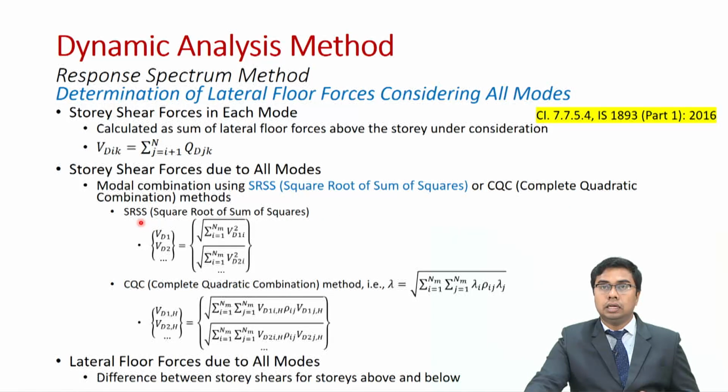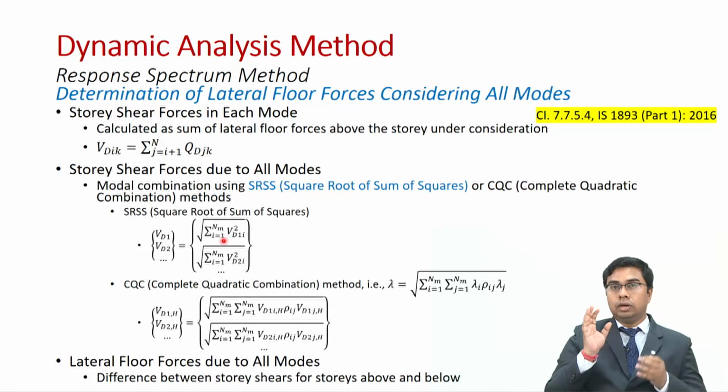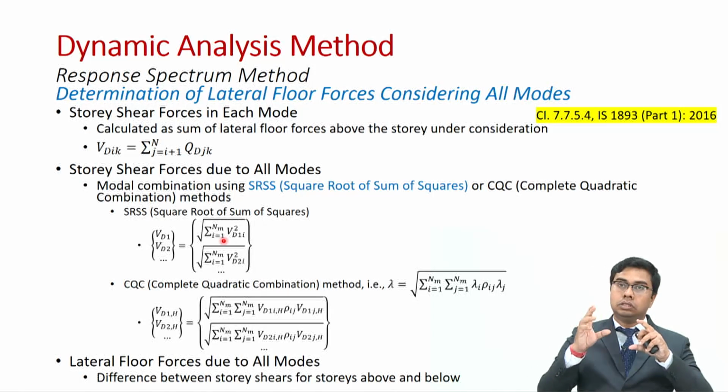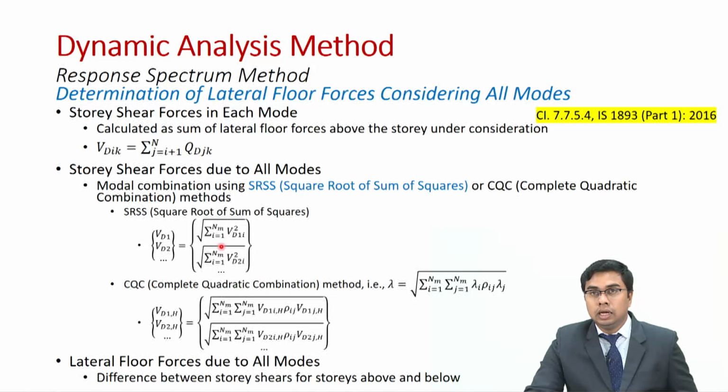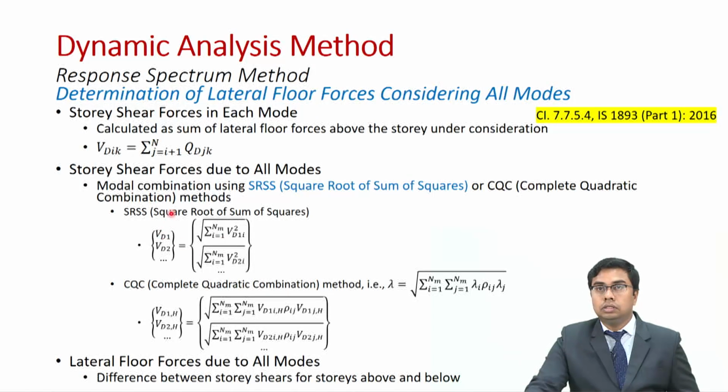Now, for SRSS, if you have the story shear known to you for a given story for different modes, you just square those values, take the sum, and then take the square root. That will give you the story shear force due to all modes. Here we are not going into depth of the CQC method, but you can always have a look at the relevant references.